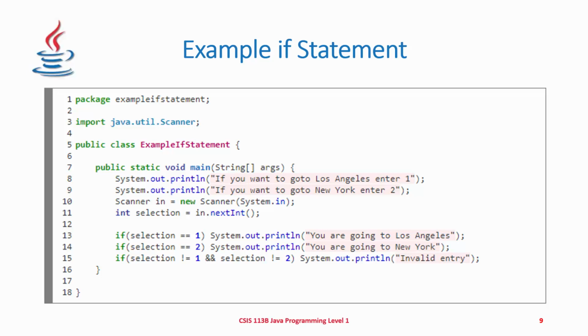If the second condition was not true, we ignored that statement, which would leave only the third condition to be true, which means we would output invalid entry. So the point being that the statements that go with the if condition are only activated, only processed, if the condition for the if is true.